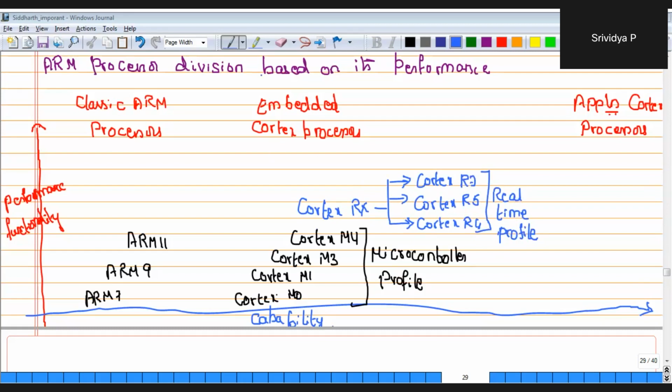Under application Cortex processors, we have Cortex A5, Cortex A17, and Cortex A53.